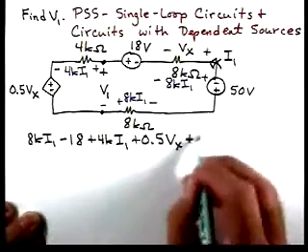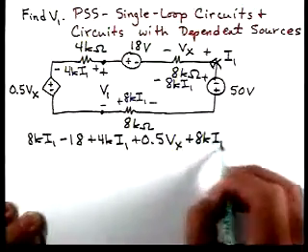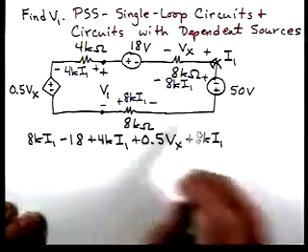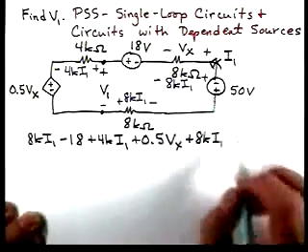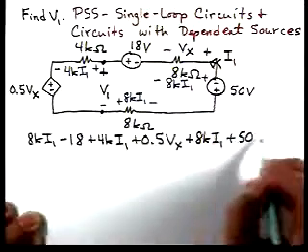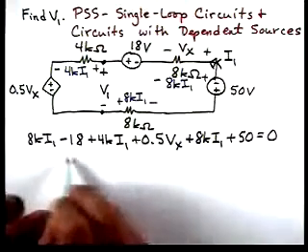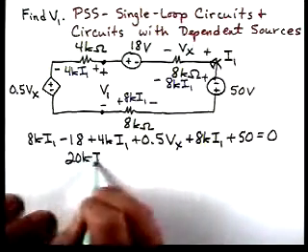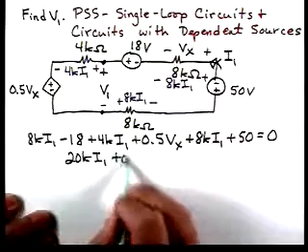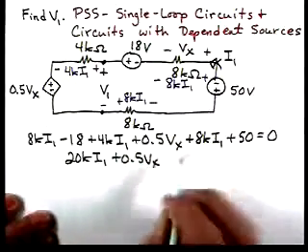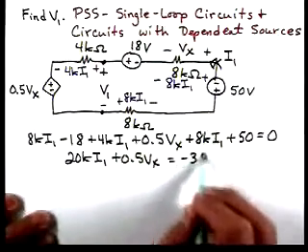We have 8K I1. And as we come all the way back around here, we hit the plus sign. Again, a voltage drop, so we're going to write that as plus 50 equal to 0. And now if we collect terms, we'll have 20K I1 plus 0.5 Vx is equal to minus 32.